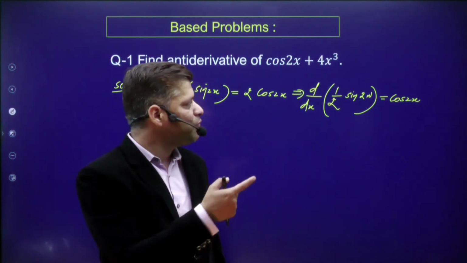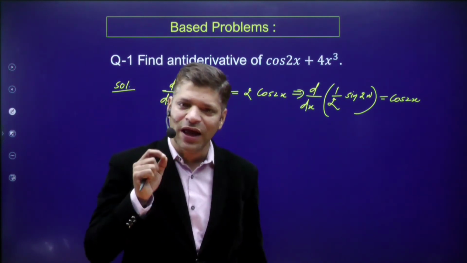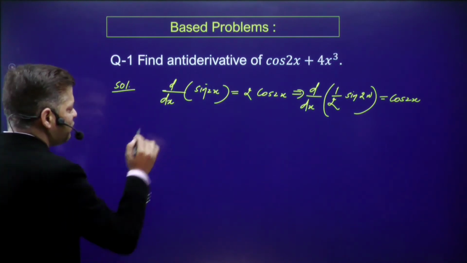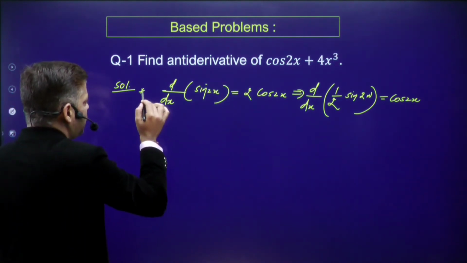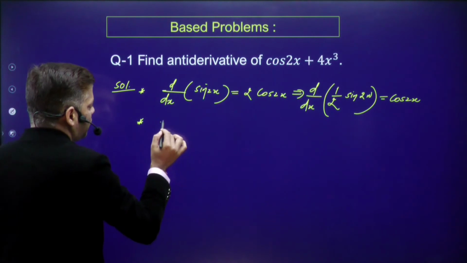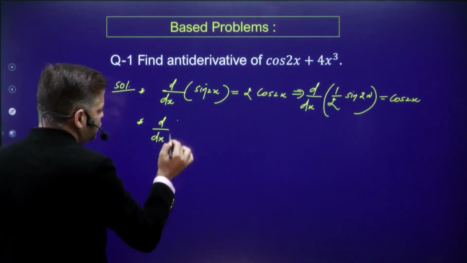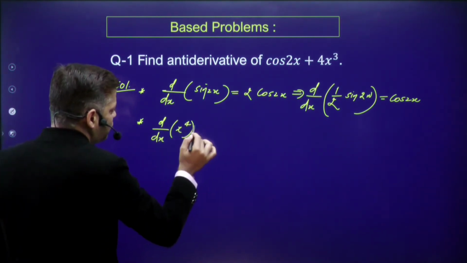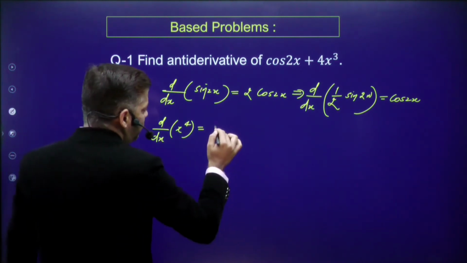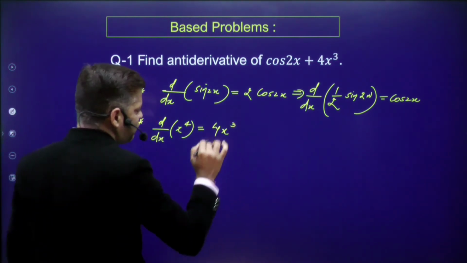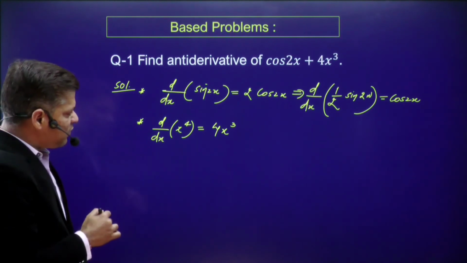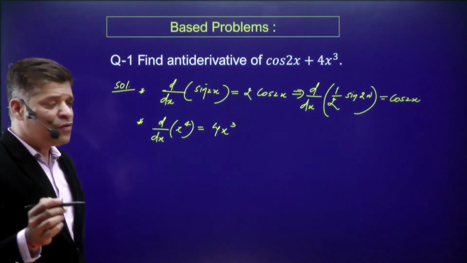Now our target is to find the antiderivative of 4x cube. In the second step, we know that differentiation of x raised to the power 4 is equal to 4x cube. That is, x power 4 is an antiderivative of 4x cube.